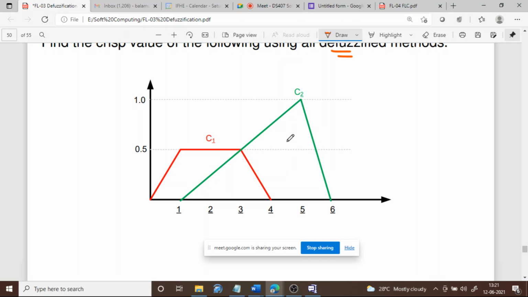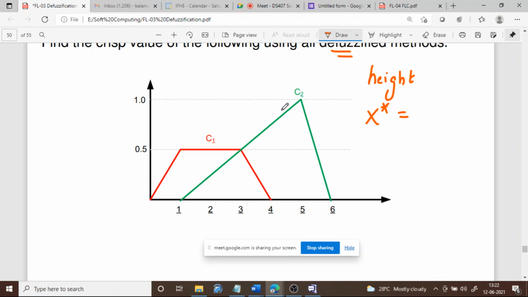Consider only C2, don't consider C1. If you apply the maximum height technique, what will be the defuzzified value, or the crisp value, for this membership function C2? Consider only the membership function corresponding to C2.